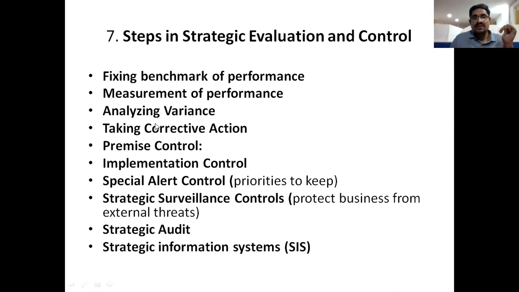So for this purpose, analyze the variance: to motivate, to encourage, to provide skills, to increase the level of performance of the workers. So that is the major purpose of analyzing the variance.